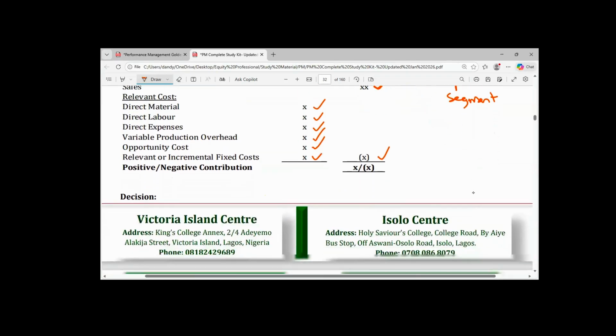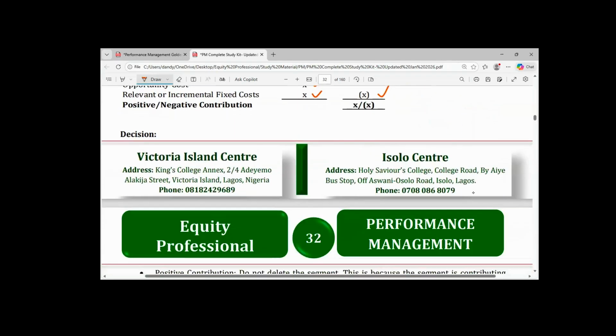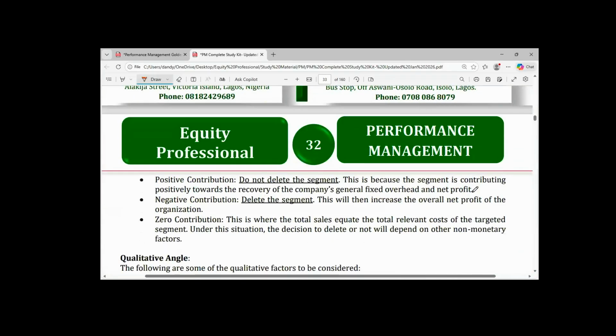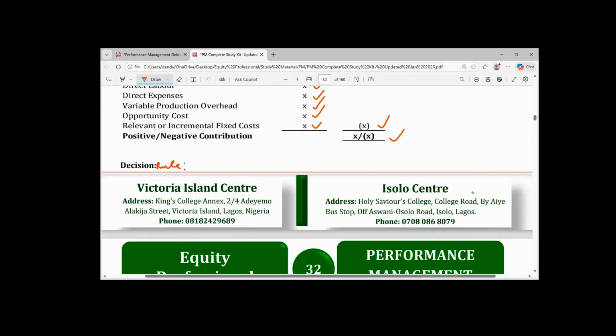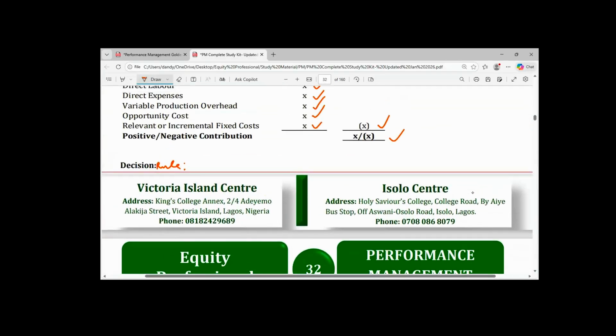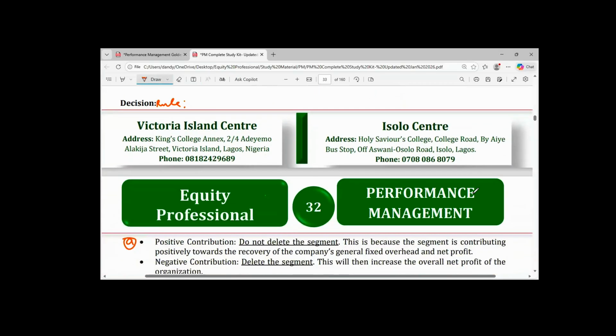So at this point, you need to make a decision. This is the decision rule. What are you supposed to do with the final answer that you have gotten? So, part A: if you have a positive contribution after you have carried out your economic analysis, your advice should be that the segment should not be deleted.